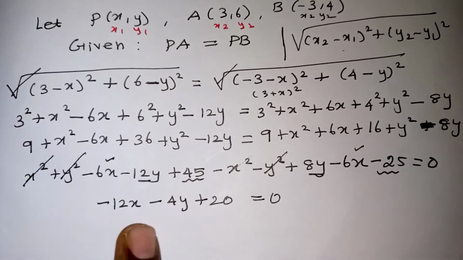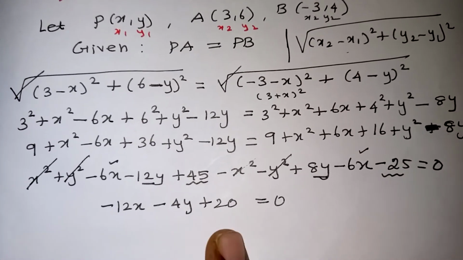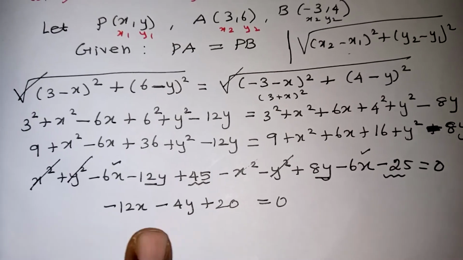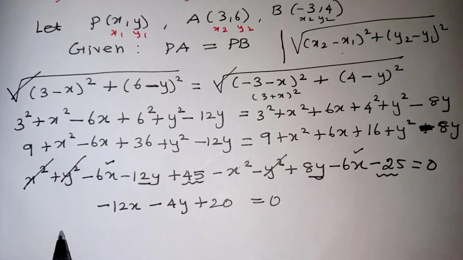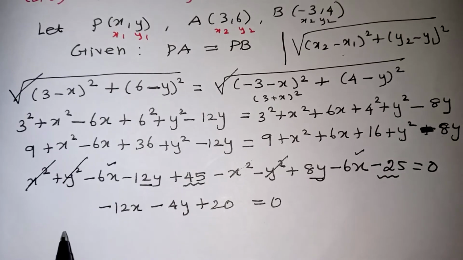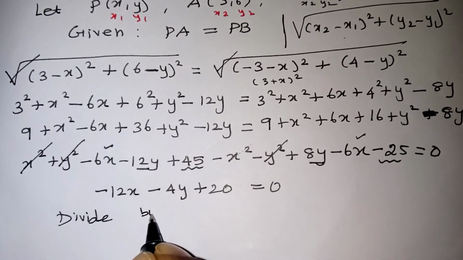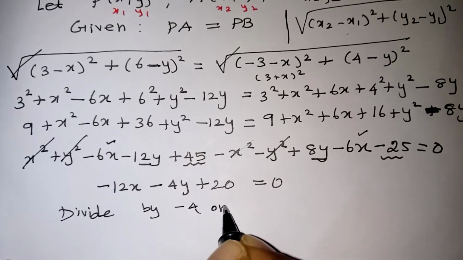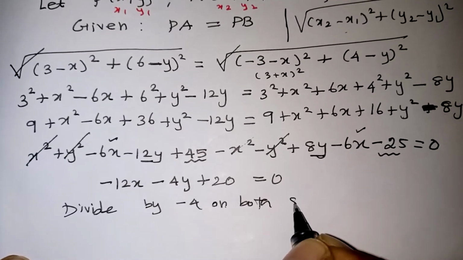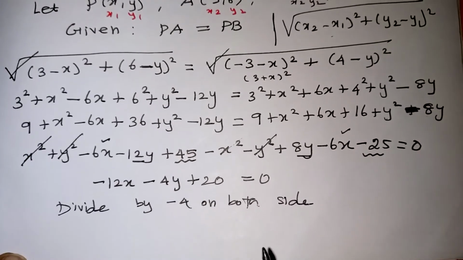So all these terms are having 4 as a common factor. Minus also we are having. So what we can do is we can divide it by 4 on both sides, or divided by minus 4 on both sides, to make the equation simplified.